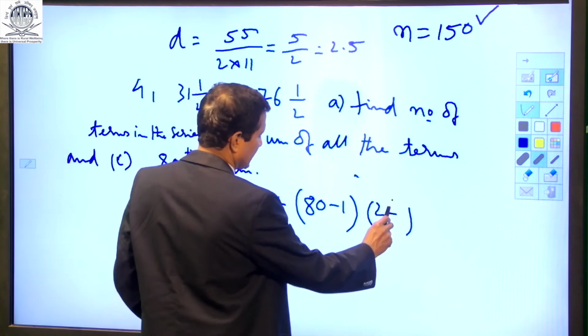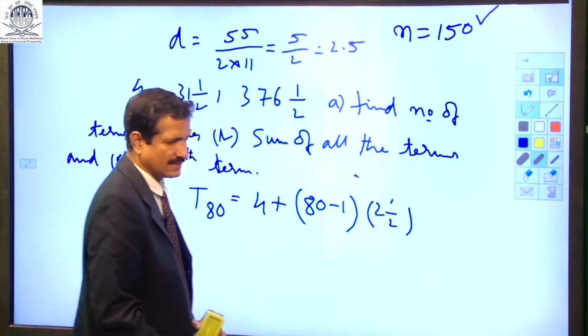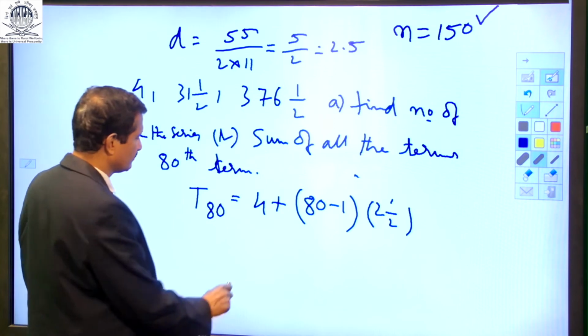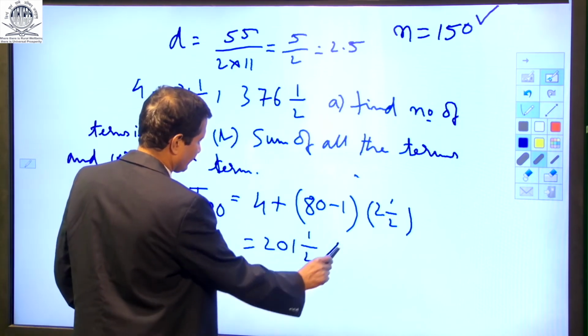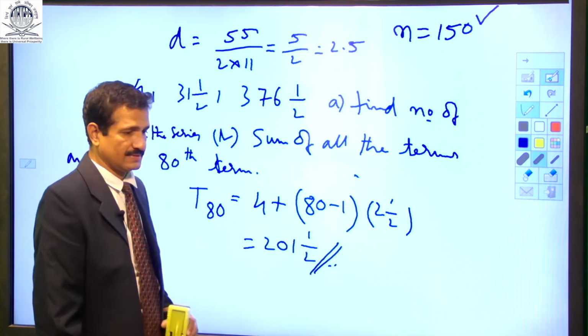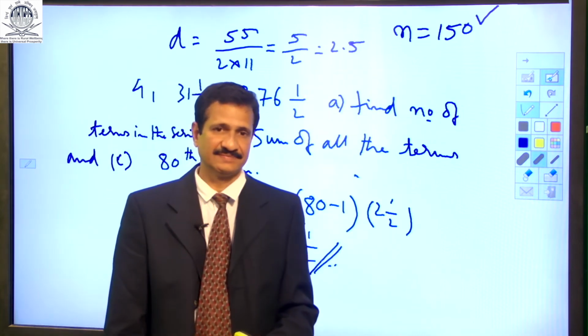Here D is 2.5. The answer comes to 201 and half. So that finishes this problem.